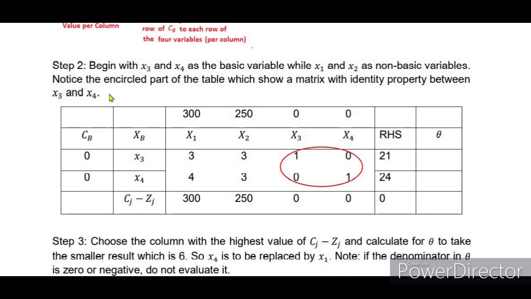Okay, so notice the circled part of the table, which shows a matrix with identity property between x sub 3 and x sub 4. It is an identity matrix. Okay, so 1, 0, and 0, 1. So that's the two slack variables forming the identity matrix.